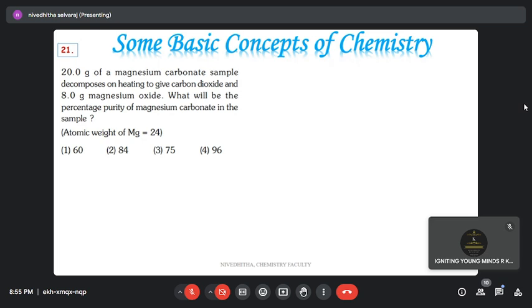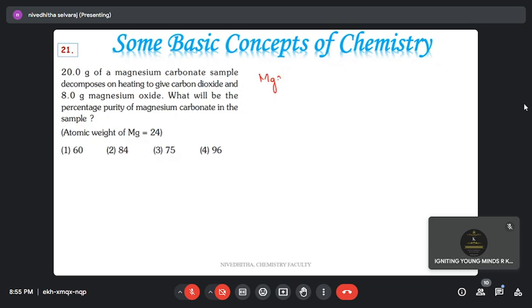So I'm going to write the equation for this process. What is the formula of magnesium carbonate? MgCO3. Yes. So upon decomposition, we'll get magnesium oxide and carbon dioxide.